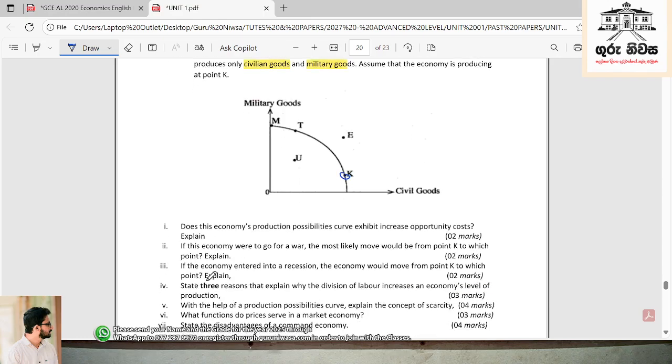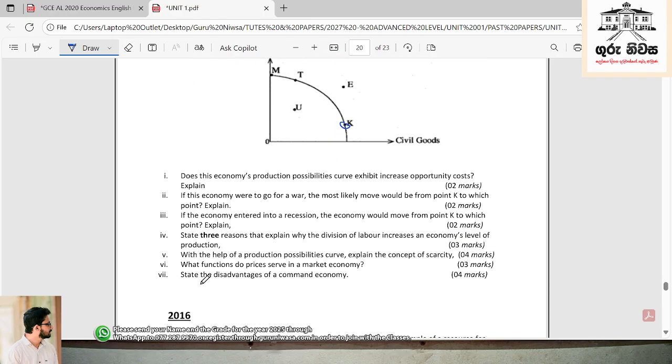First one. Can you make your own answers, Lamai? But hurry up, make it quick. Don't take much time. Does this economy's production possibilities curve exhibit increasing opportunity cost? Explain, 2 marks. No need to explain much. Does it indicate increasing opportunity cost?